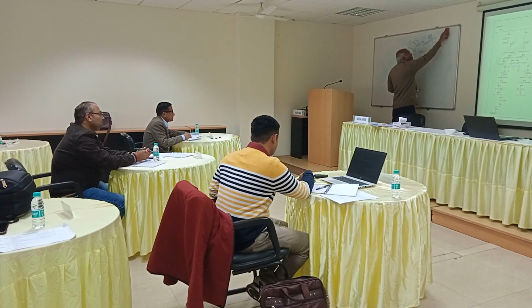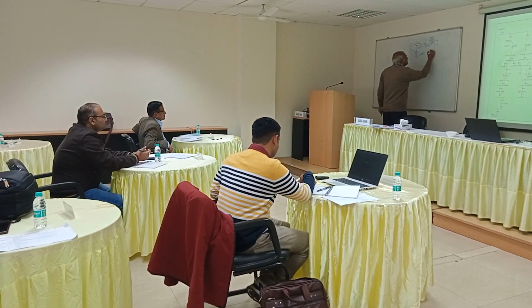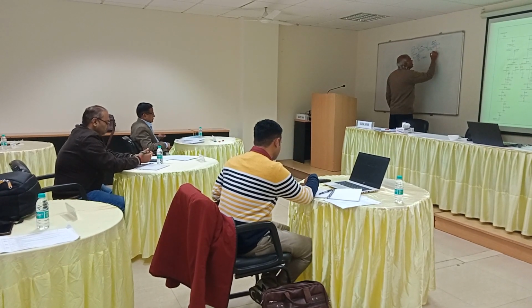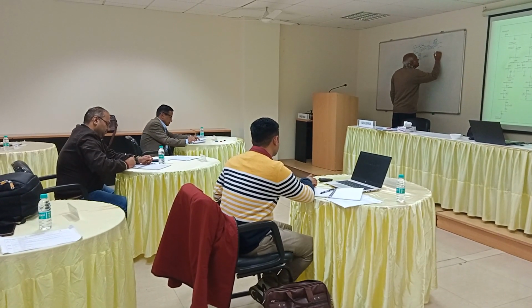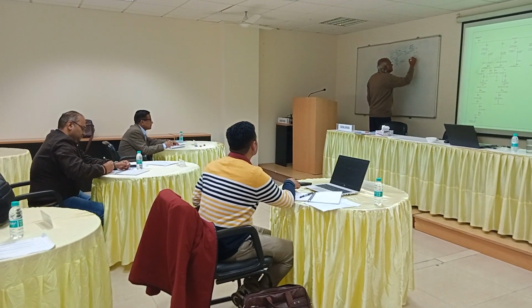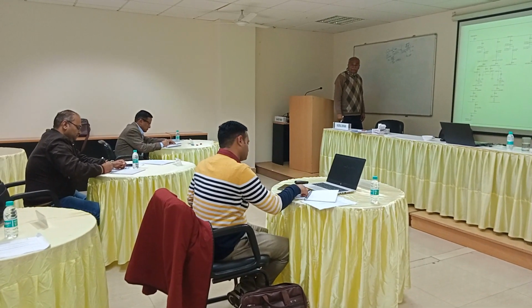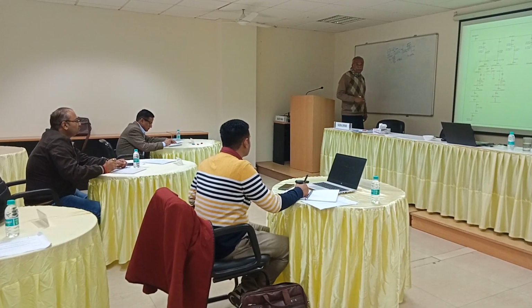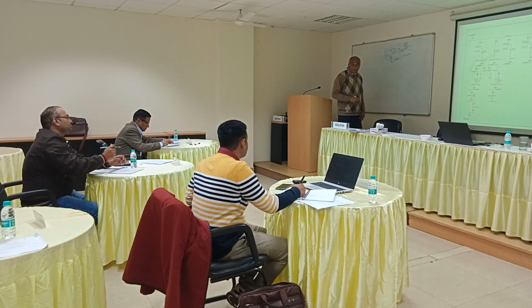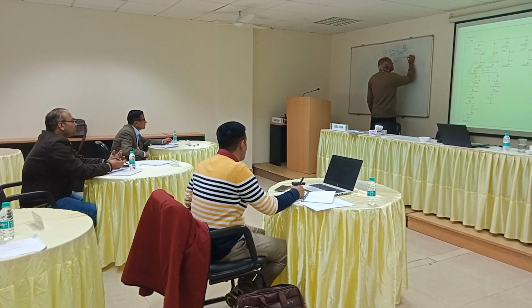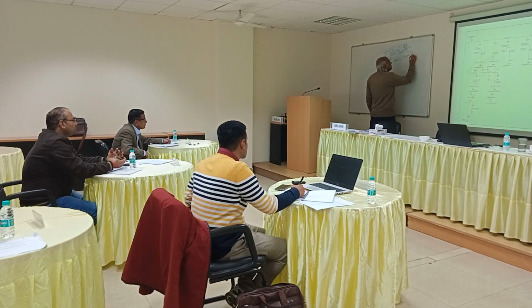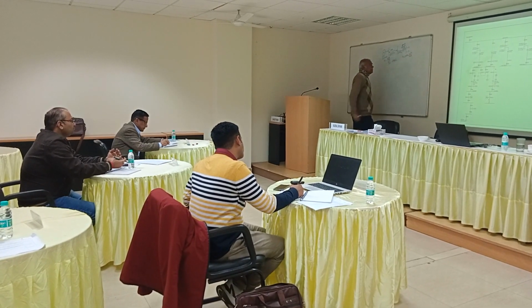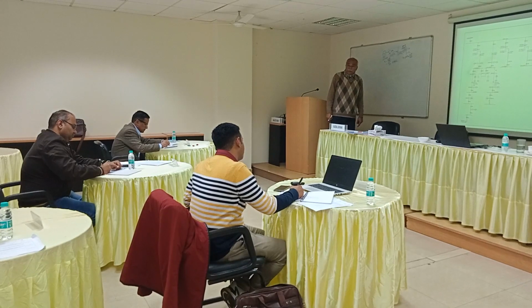ZT, transformer, is equal to 7%, 7% means 0.07, into kV square by MVA.